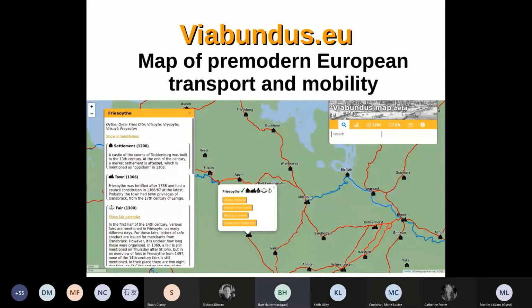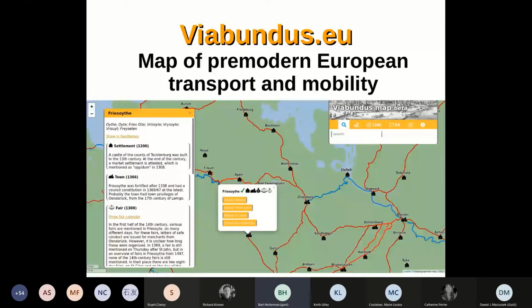And there are all kinds of small symbols on the map that represent the places that were connected by these roads. As you can see, I displayed the example of the very small town Friseute in northwestern Germany here. There is a lot of information connected to it, which you can display by clicking on one of these places.